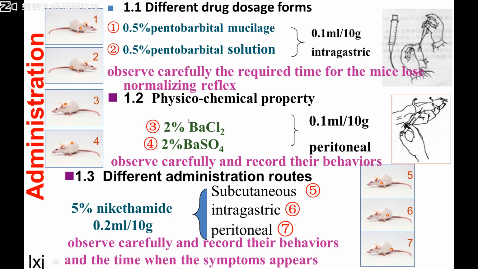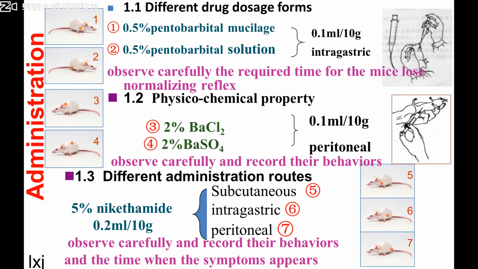The second one is about physical-chemical properties. You should administer the same dose of barium salts by peritoneal injection. One is barium chloride, one is barium sulfate. They have different water solubility. Barium sulfate is insoluble in water, which is one of the physical-chemical properties of the drug.